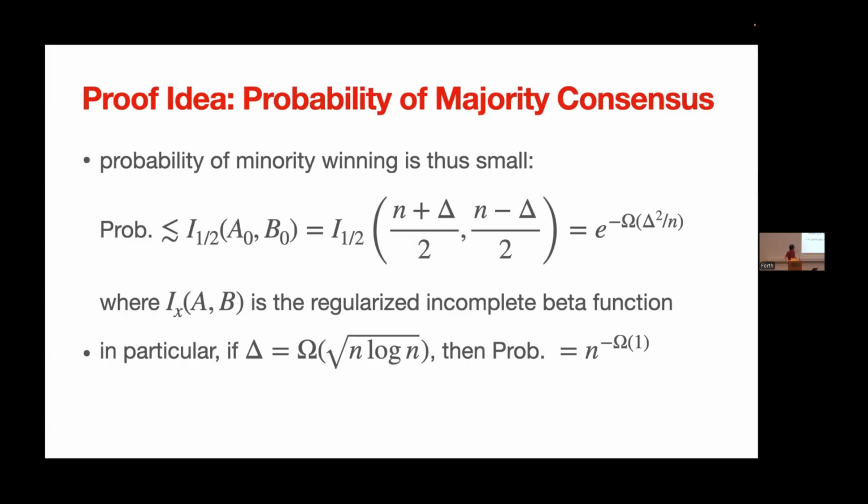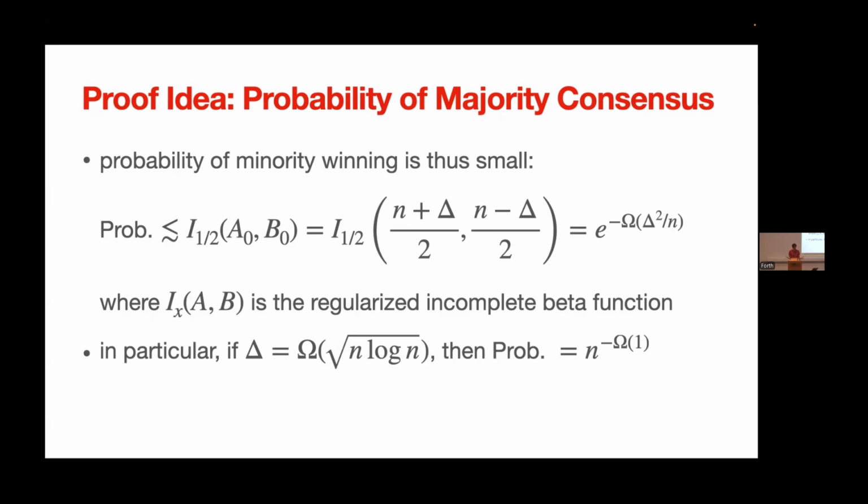So in the last equality sign here, it's some analysis, not too bad. You get that this is like e to the power minus omega of delta squared over n. And this delta squared is where the square root in the gap comes from, because if we put in delta equal to what we proposed in the theorem, square root of n log n, then the square of this is n log n, over n, so the n disappears, and you get e to the power minus log n, so 1 over a polynomial, which is what people call with high probability.